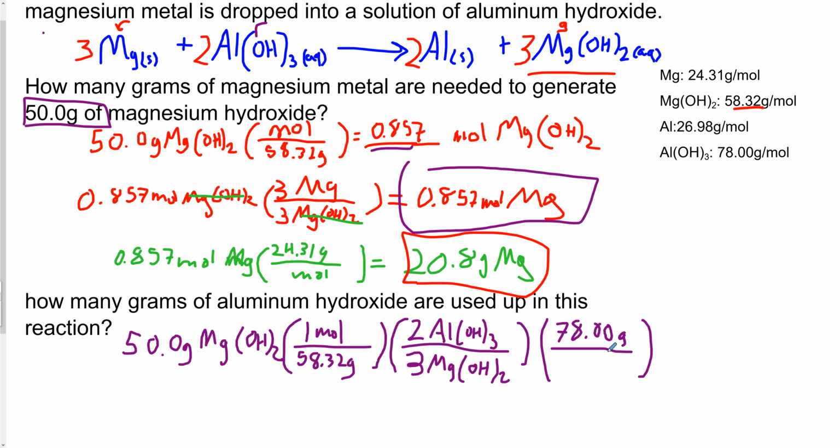So we go through all of our units. We're going to see what we can cancel out. I have MgOH2 here. I have MgOH2 here. That's gone. I have moles up top, moles on the bottom. That's gone. I got grams here. I got grams here. That's gone. So in the end, we should have grams of AlOH3.